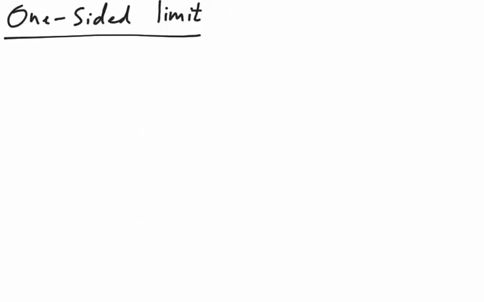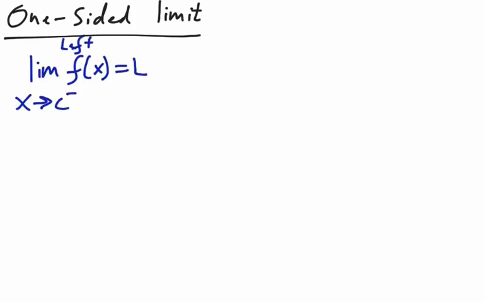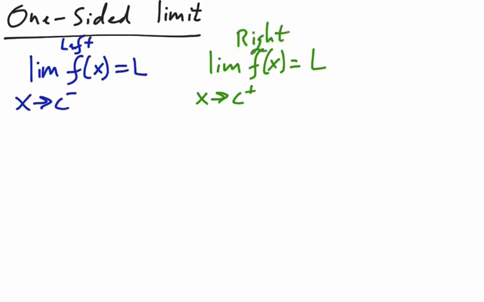The first thing we're going to talk about is a one-sided limit. So this begs the question, what is a one-sided limit and what does it look like? There are two types of one-sided limits. There are limits from the left, like that, and there are limits from the right. These limits look very similar to the other limits that we had, and that's okay because they're both limits.